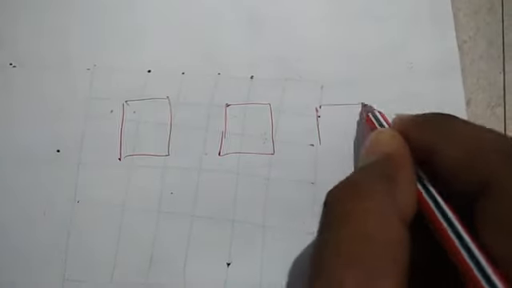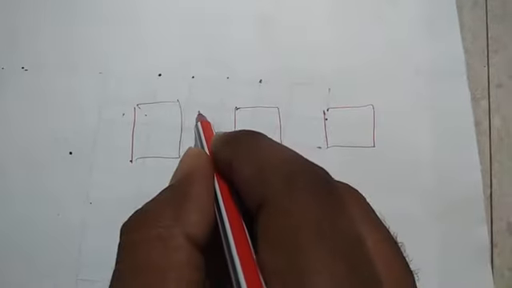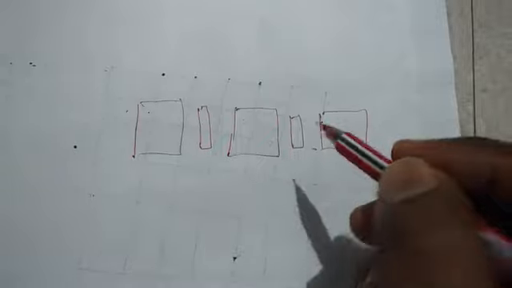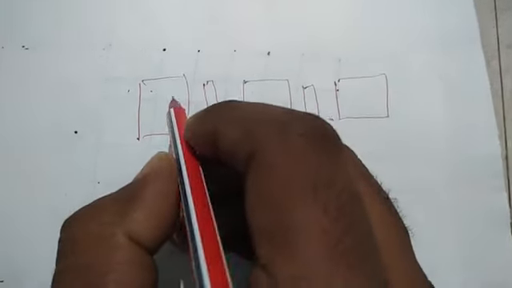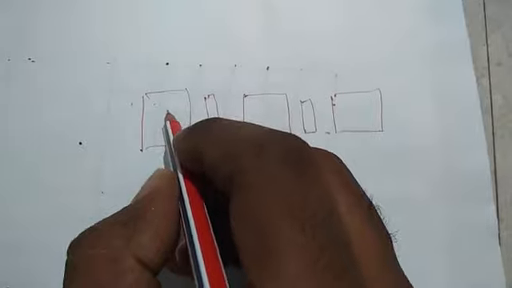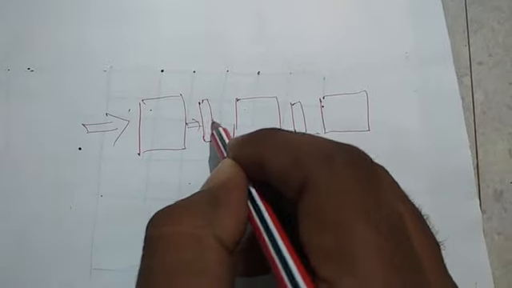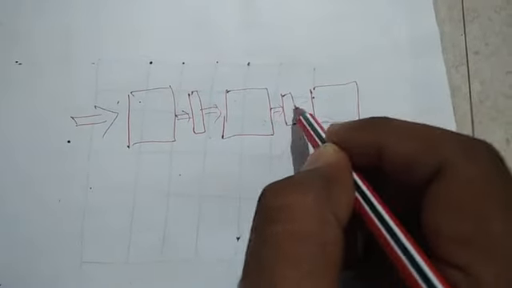If you are not clear, have a look. Suppose there is one stage, another stage, and another stage. Some latches will be there in between the stages. When an instruction is input to a stage, we can't say that each stage will execute at the same speed.